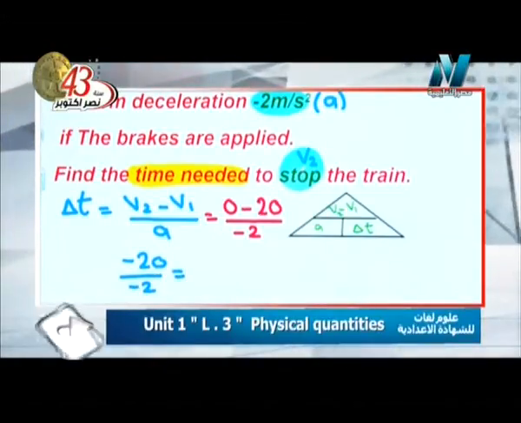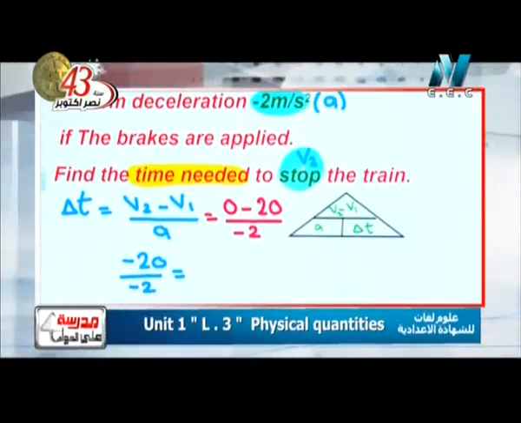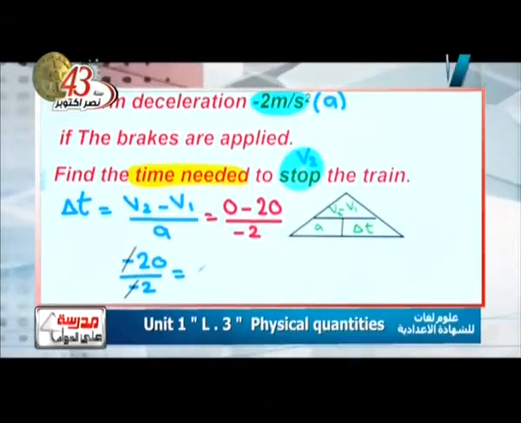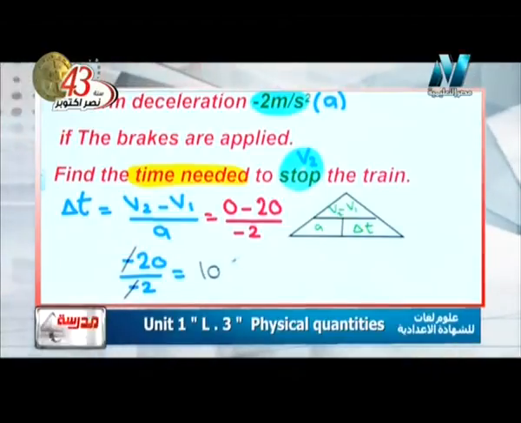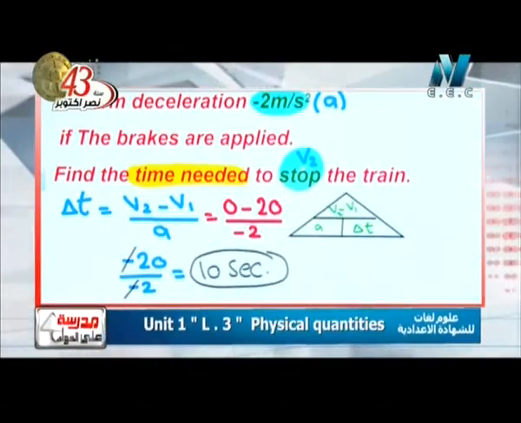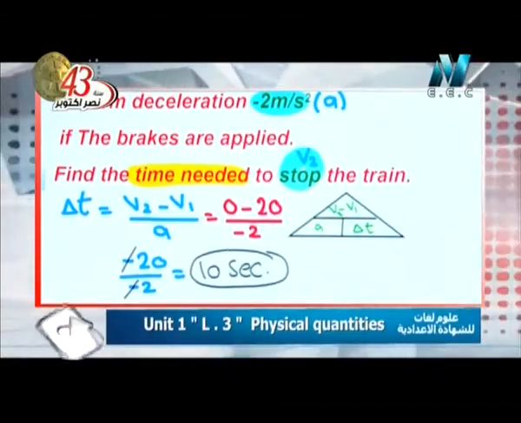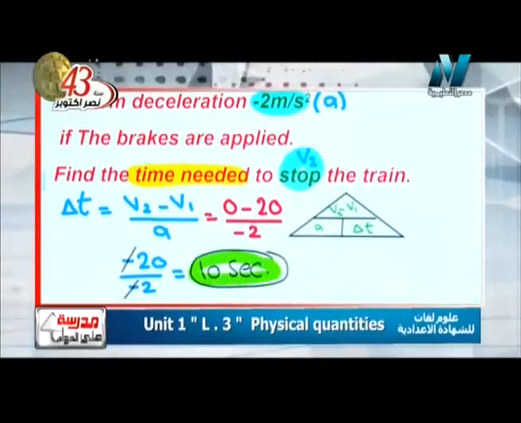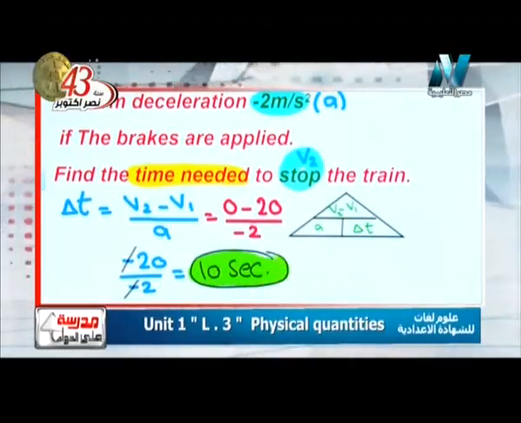As we studied before in mathematics, negative with negative gives positive, and 20 over 2 equals 10 seconds, because the measuring unit of time is seconds. So now we know the value of time in this problem.